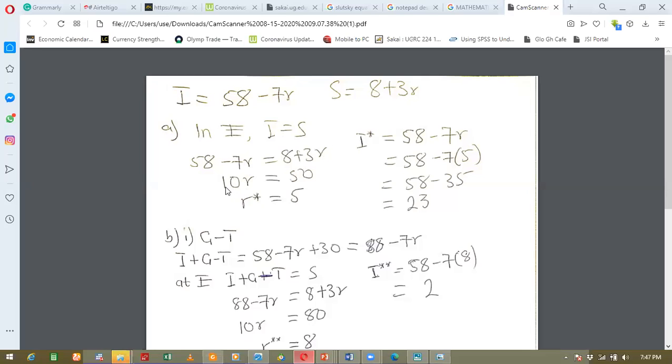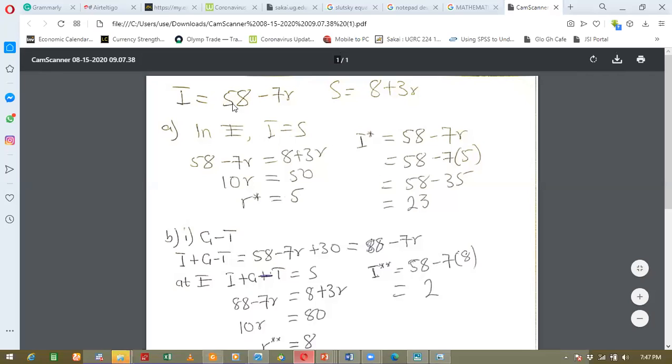We divide through by 10, and then we are getting R star to be 5. So if you want to get your level of investment, you put the interest rate into the investment function. Okay, so we have 58 minus 7 by 5. So this is your R star, and then this is your I star.